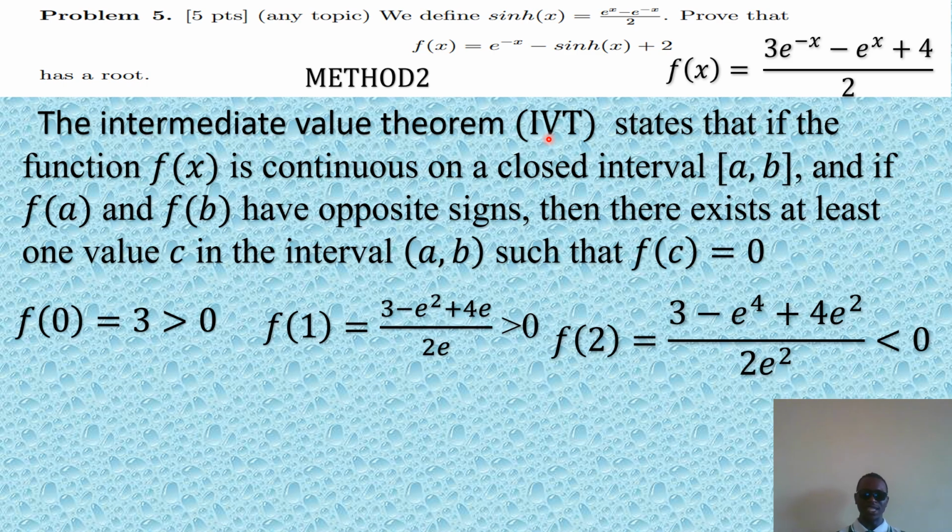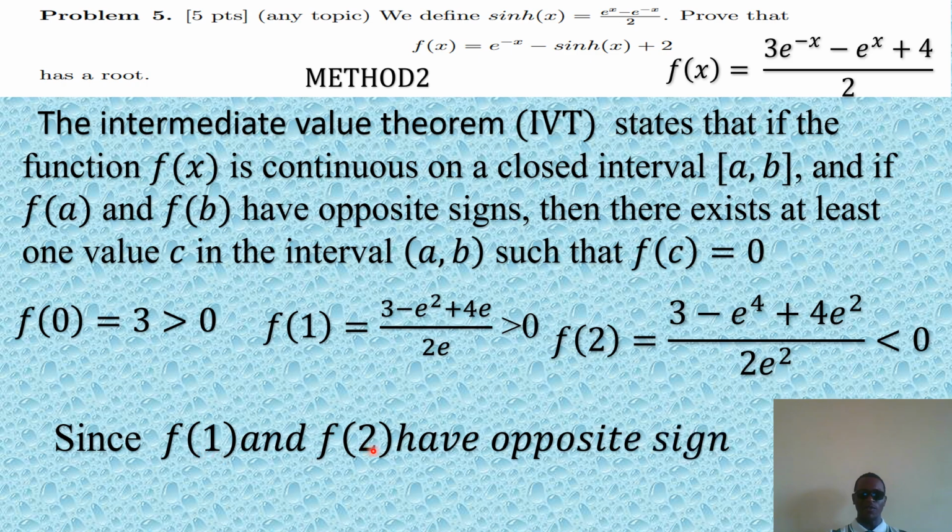So I will now consider my interval to be the closed interval 1, 2, on which the function is continuous, and the function values are defined. They have opposite signs. From there, we can now conclude that the function f has a root.